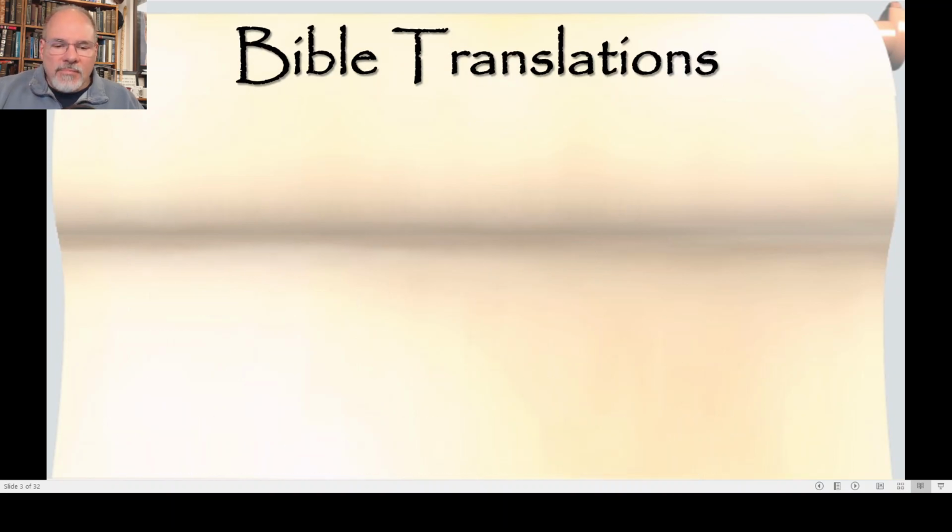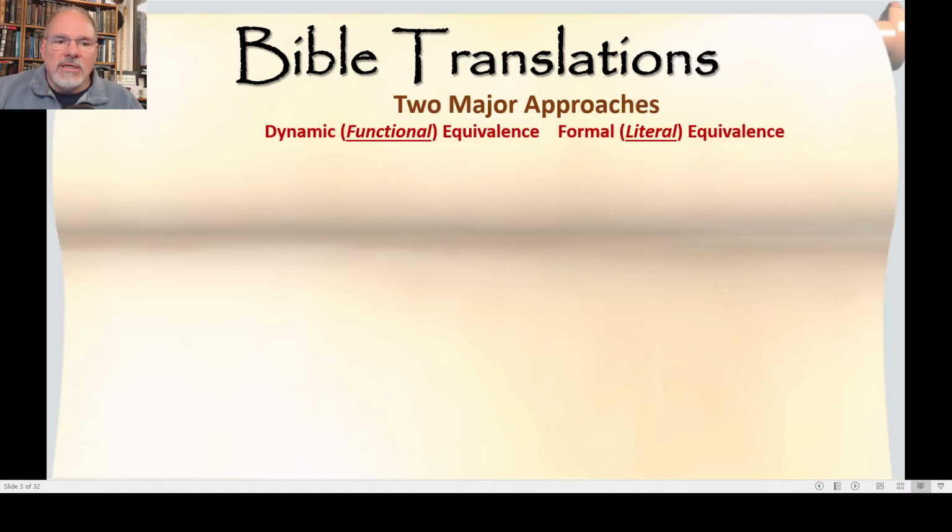So as we get into this, there are two major approaches. The first one is dynamic equivalence, or what they call functional equivalence. In other words, it is how the version that you're reading will function in reference to you.